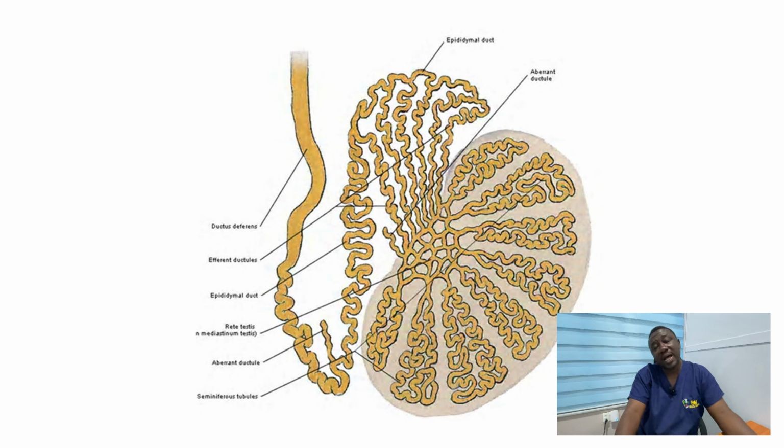If I should go further, the Leydig cell is responsible for the production of the male hormone, testosterone, and the Sertoli cell is responsible for the feeding, nourishing, and protecting of the spermatogonia cells. Actually, it is the structure that forms the blood-testis barrier. Why? Because the spermatids formed in the testis are haploid in nature, so your own immune system sees them as foreign and can attack and destroy them.